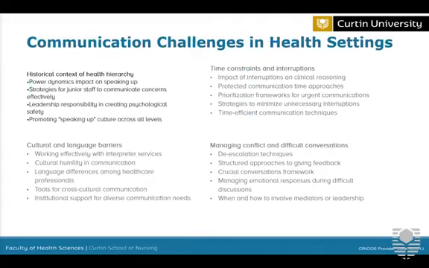care. We know that some of the challenges in healthcare result from historical hierarchy of approaches, so that was the power dynamics, and so that's why now it's very much a team focus, working within that team framework, creating cultures of safety, promoting a speaking up culture across all levels.